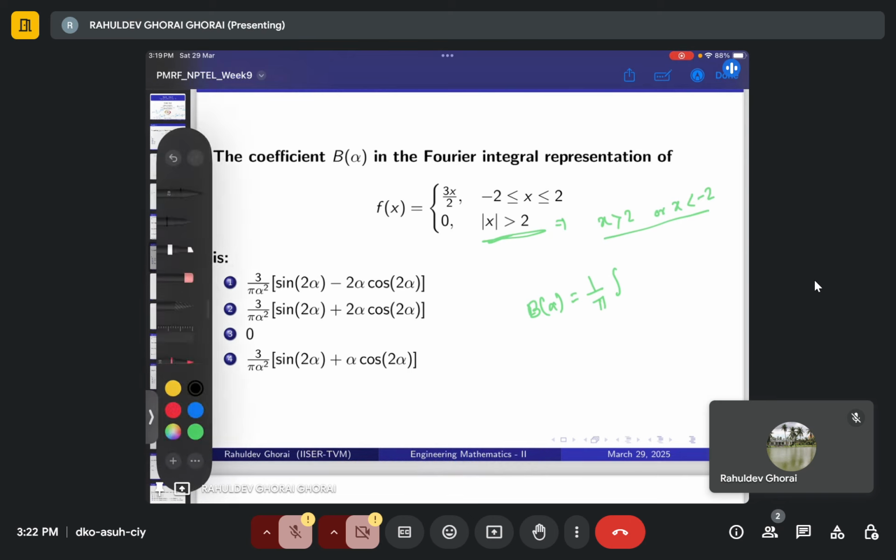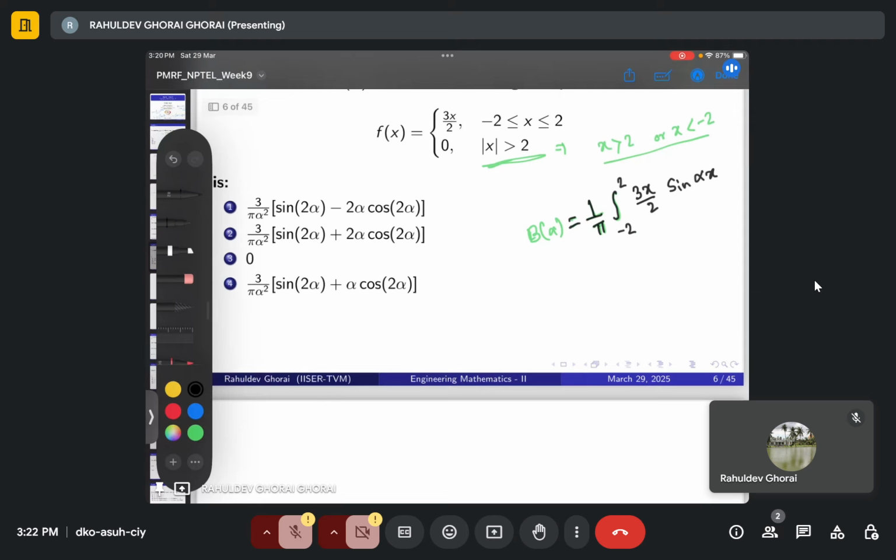So only I will consider from minus 2 to 2, of 3x over 2, the function value, times, for b alpha, sine of alpha x, right? So mainly we need to evaluate this integral.